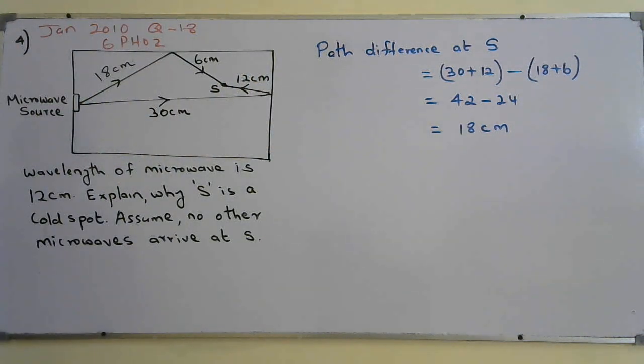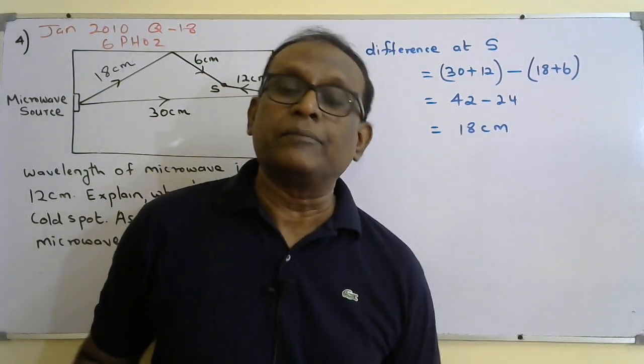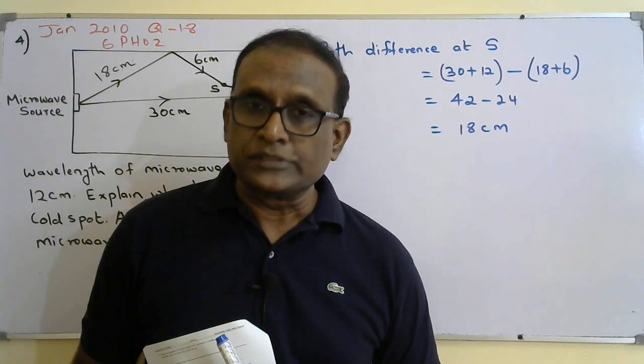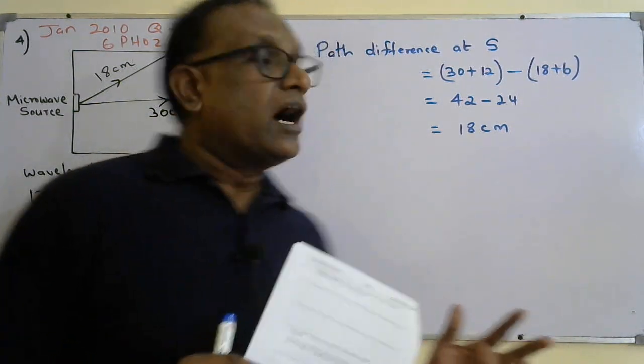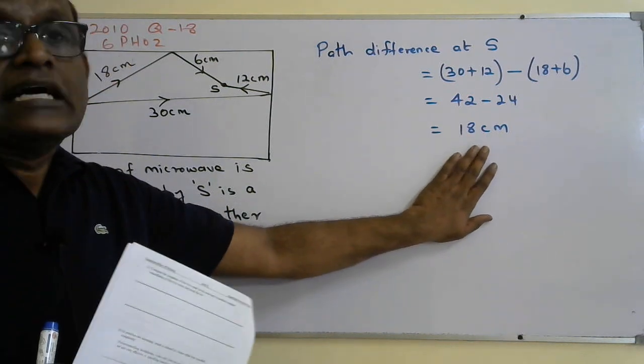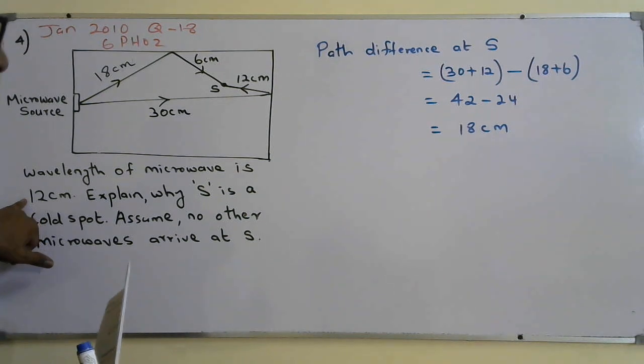Okay, we know if the path difference is to give constructive superposition, it should be an integer multiple of lambda. If it is to give destructive superposition, it should be an odd multiple of lambda by 2. So this is 18 centimeter. In terms of wavelength, how much is it? We know the wavelength is 12 centimeter.